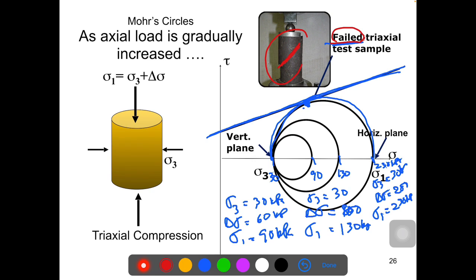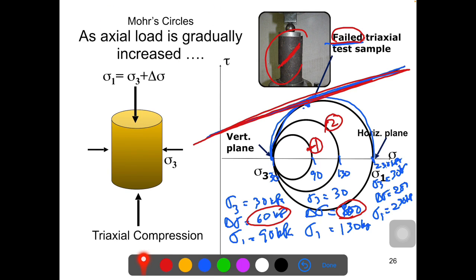You can see that, correct? But circle 1 and circle 2 still do not touch the strength envelope, so this additional stress is still in a safe condition. That is what the Mohr circle is actually about.